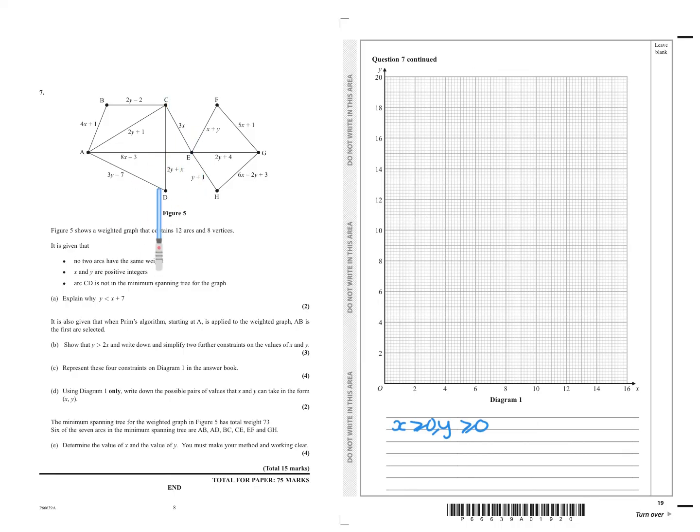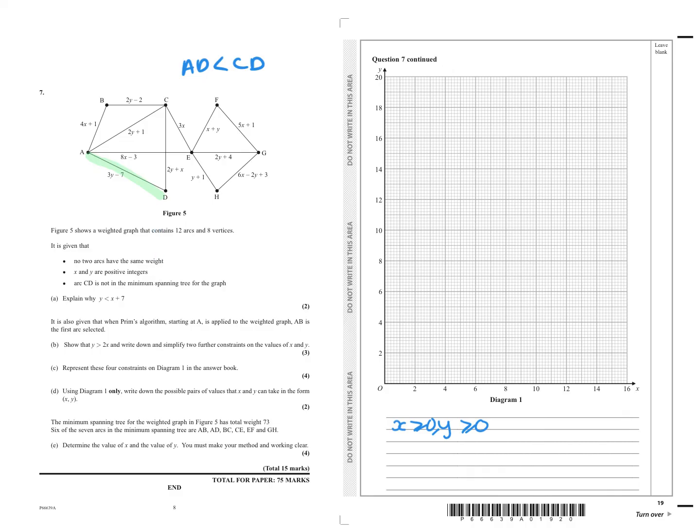So from this fact, this is actually saying that AD must be less than CD. I haven't even read the rest of the question yet. I'm just trying to interpret what that information means. The only way to connect D to the rest of the graph is with two routes, either AD or CD, and you choose the lowest one.